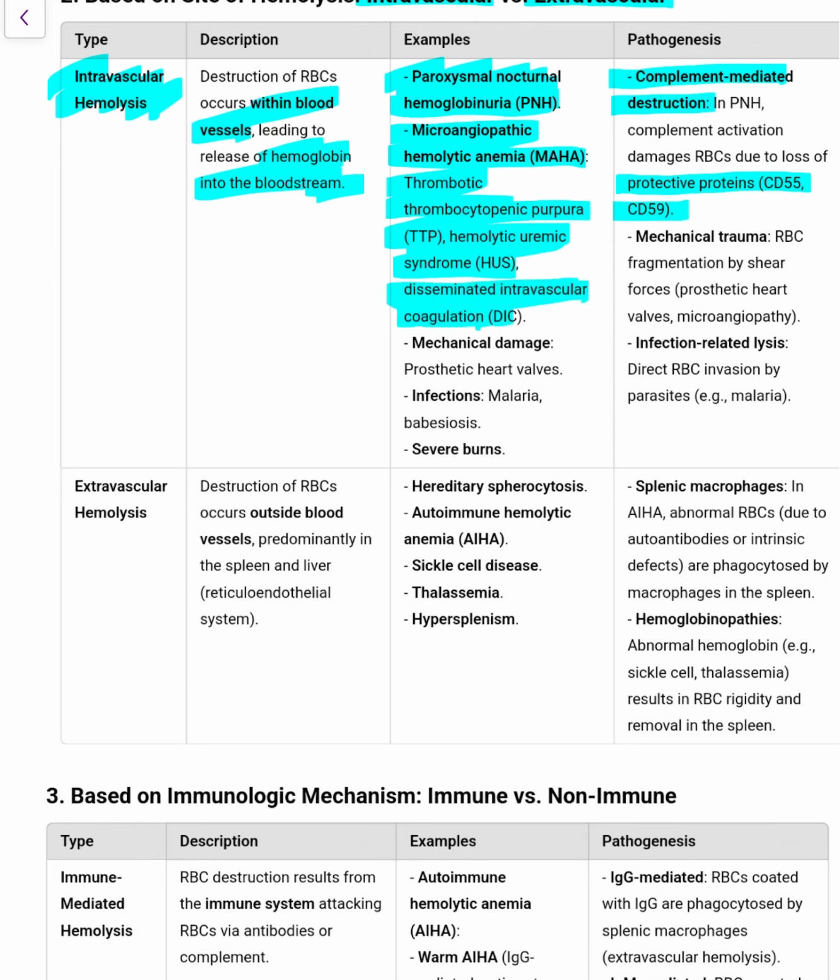So some problem in the blood vessels causing the destruction of the RBCs. Next is mechanical damage, that is prosthetic valves, infections, malaria, babesiosis, and severe burns, as we discussed now. These mechanisms will lead to hemolysis inside the blood vessels and less outside the blood vessel, that is in the spleen. Next is extravascular, we'll discuss.